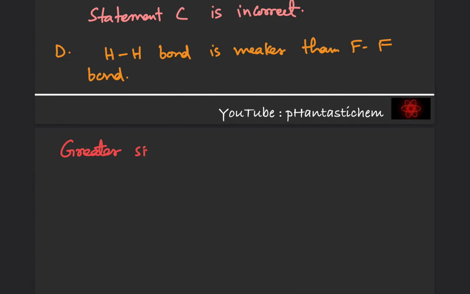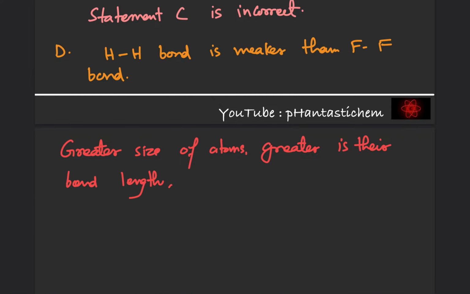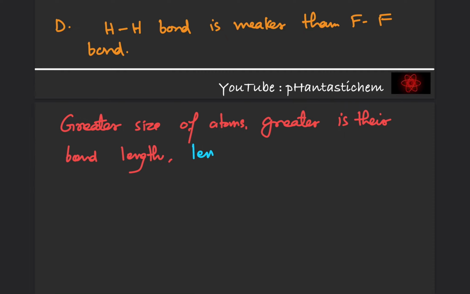Greater size of atoms, greater is their bond length, obviously, and less is the overlap because of their huge size. Therefore, less is the bond dissociation enthalpy.